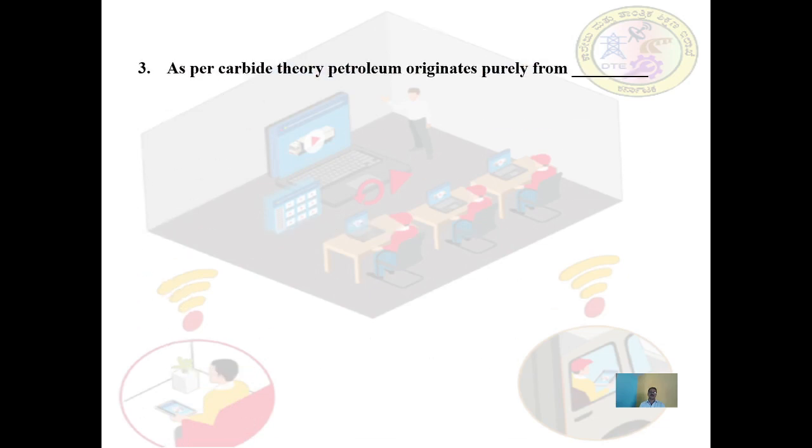Third question, as per the carbide theory, petroleum originates purely from dash. Options are A. organic source, B. inorganic source, C. both A and B, that is organic and inorganic source, D. none of these. Out of these, option B is the right answer.